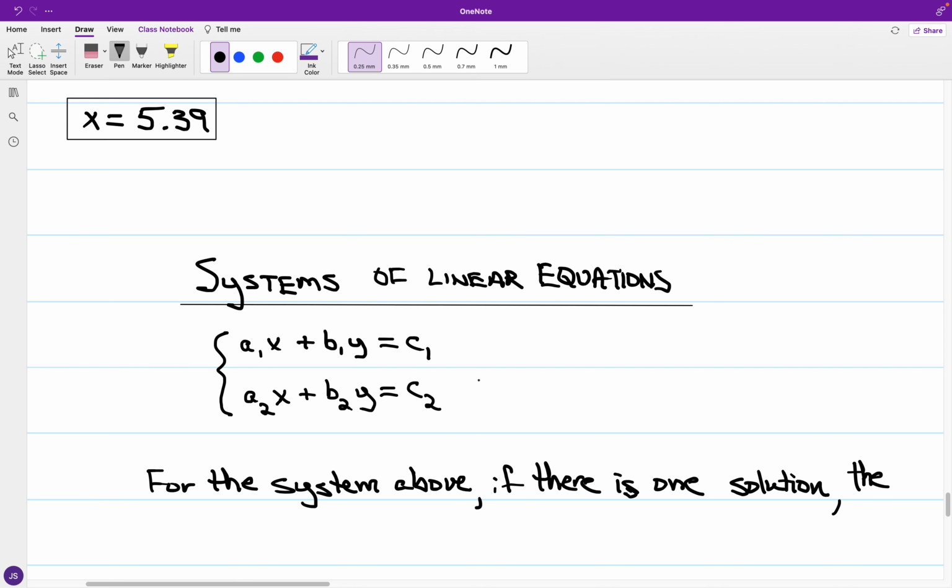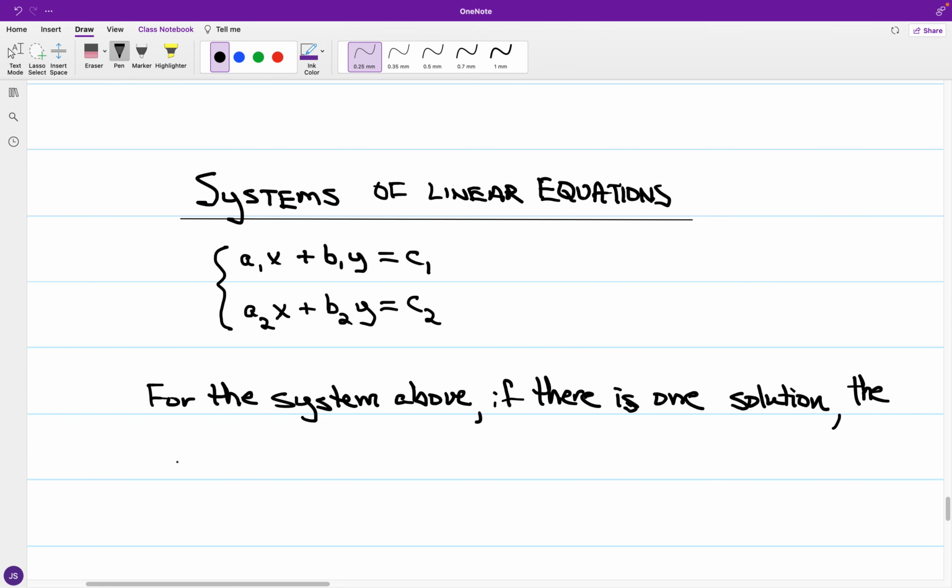We're talking about the graphs of these two equations, and (x, y) will be the solution point.